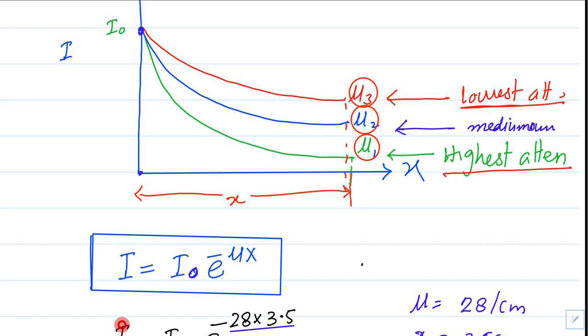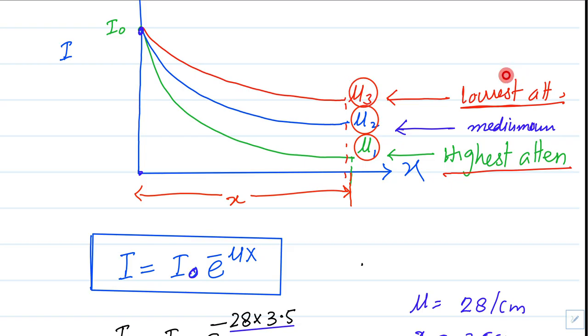I is the intensity which has been transmitted through. It is I naught e power minus mu x. This mu x means that if I have the same thickness of different materials, one material has absorption coefficient mu1, another has mu2, another has mu3.